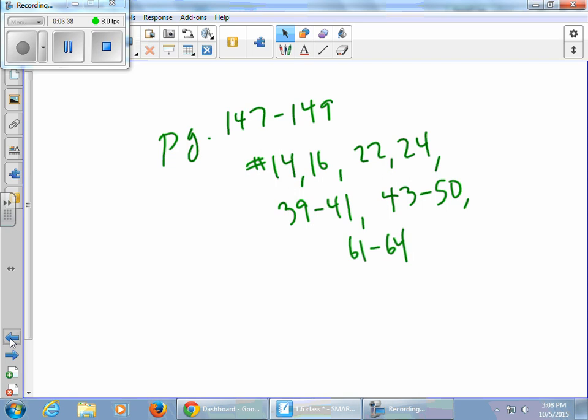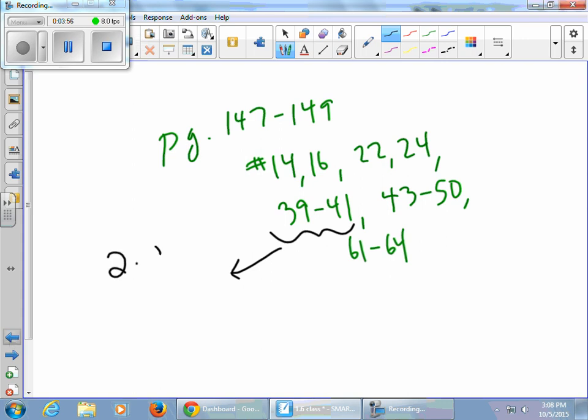So 39 to 41, what we should have for that one. 39, the function, if you think of what you're going to do with all of these, just sort of in general, a vertical stretch of a factor of 2 is going to be 2 times f of x. Horizontal shrink by a factor of a third, it's going to be f of 3x.